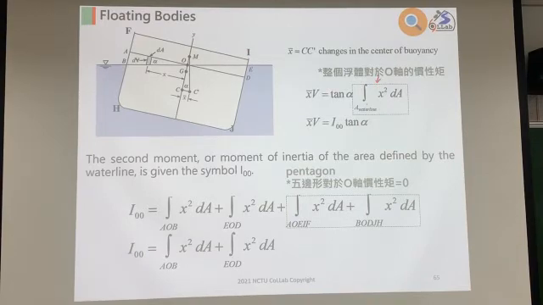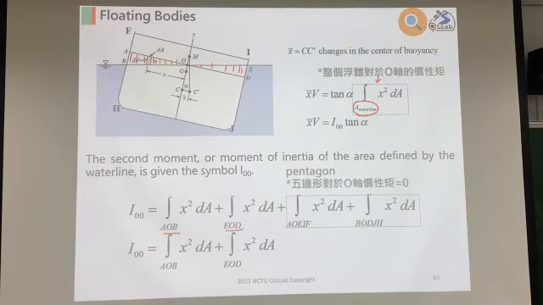But you take a look here, the difference is we do the integration along the water line. We do the integration along the water line areas. So where are the water line areas? The first part is here. So we use AOB, and the second part is EOD.